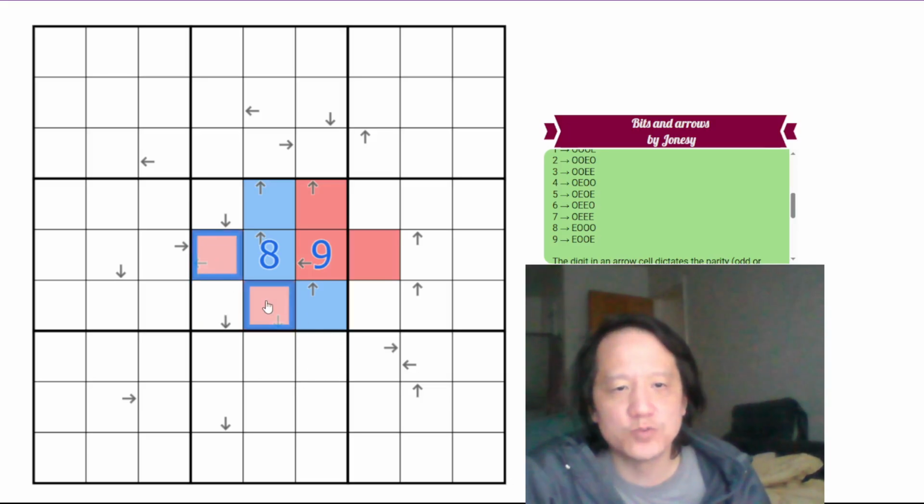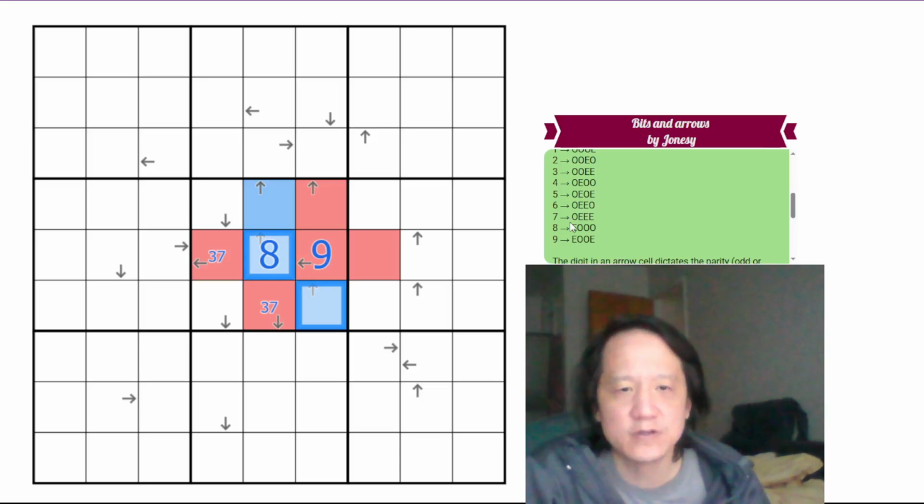Odd digits with the last third bit being even are specifically 3 and 7. So this is even, even as the last two bits, and those work for both 3 and 7. So if this is 3 and 7, this must be even here, because it's always going to be something, something, even, even.